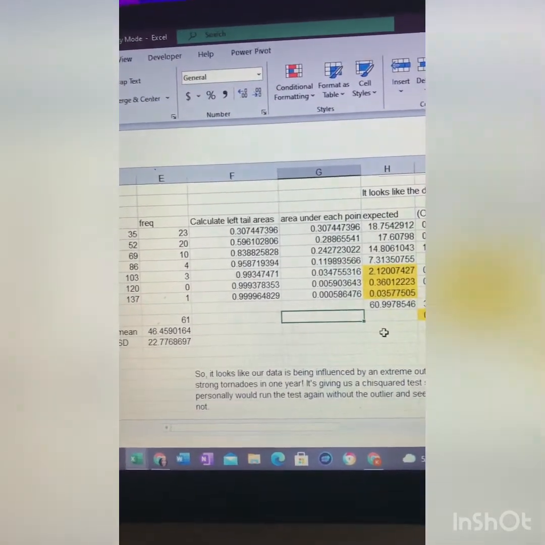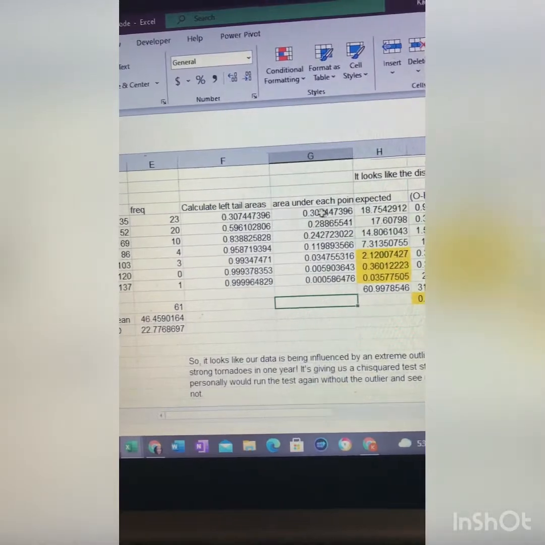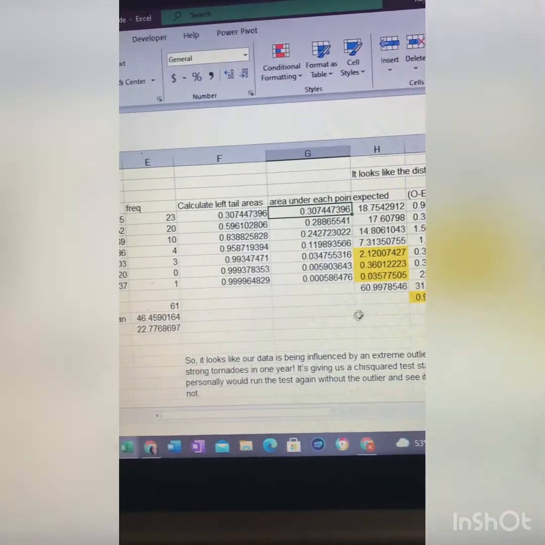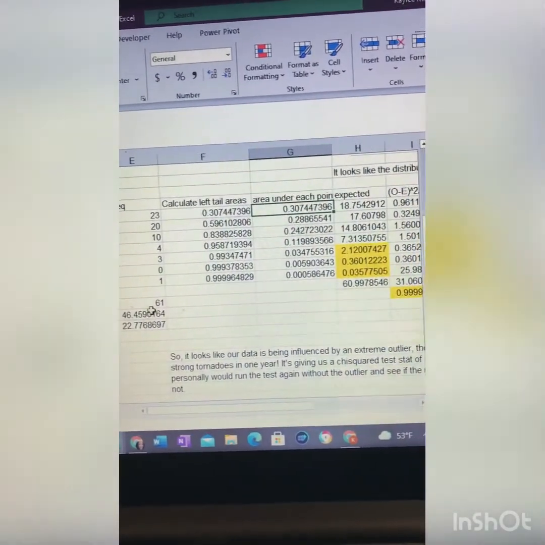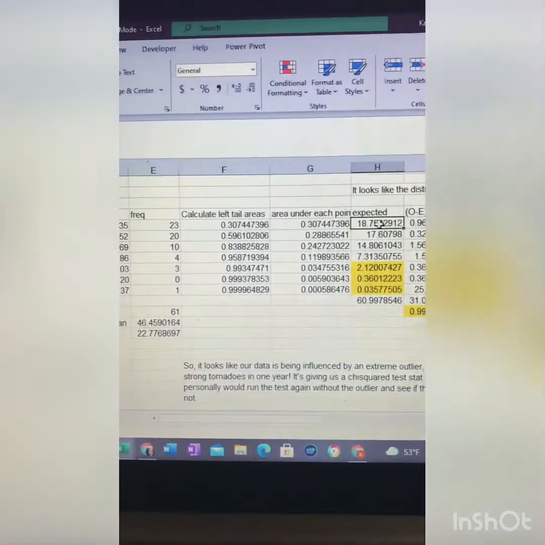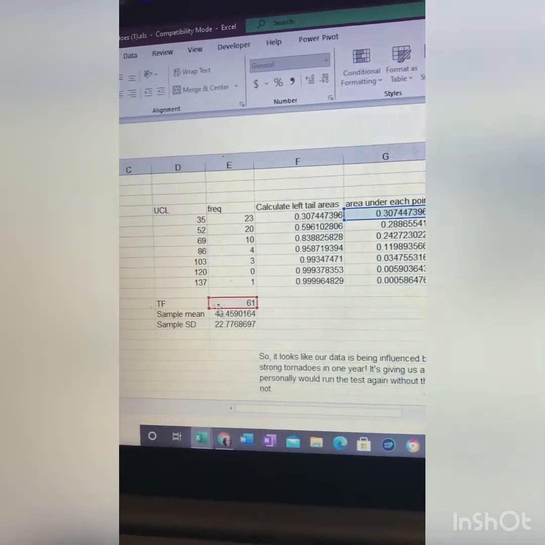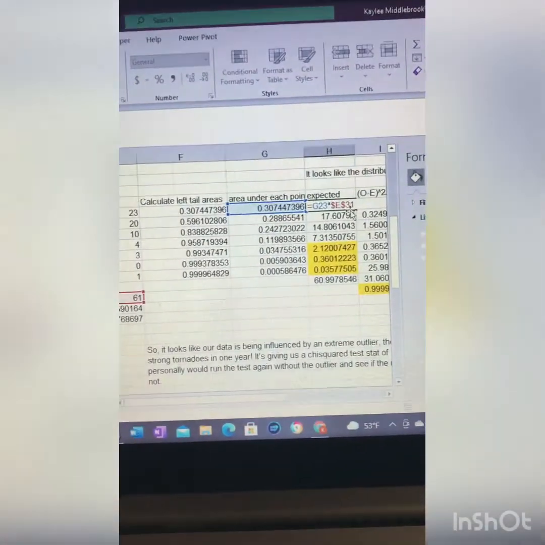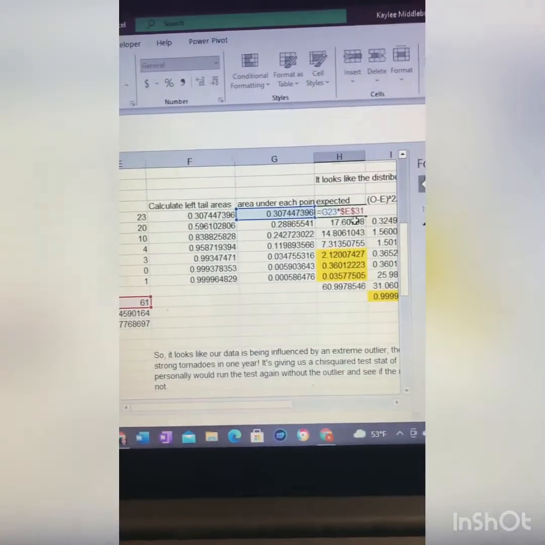Now that we've calculated those areas, we multiply each of our areas by the total frequency to give us the expected frequency under each curve. That would be our total frequency, which is 61, multiplied by the area under each curve.